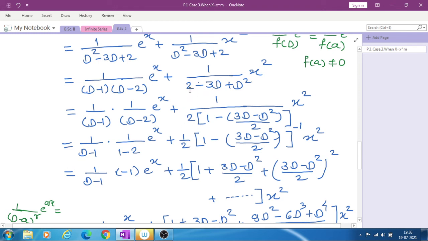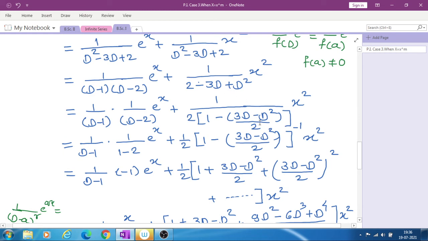When we take 2 common, 1 remains here, and the terms minus 3D plus D square are divided by 2. So the minus sign is outside the bracket, and inside the bracket, the plus becomes minus.